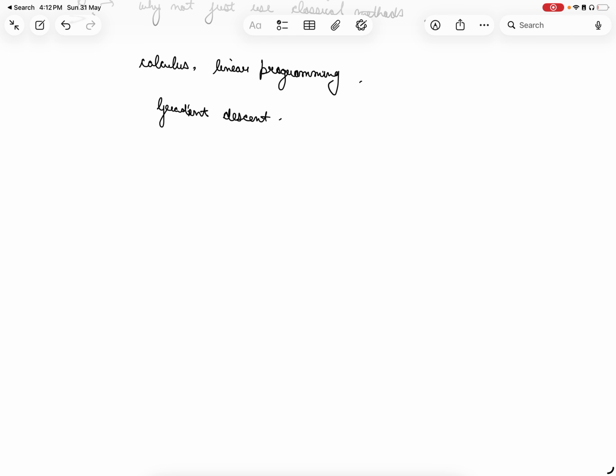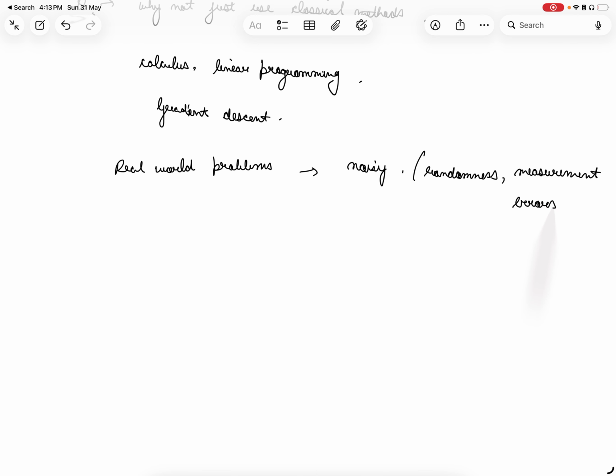Real world problems have certain characteristics. They are often noisy, with lots of randomness and measurement errors. They can be discontinuous, with no clean derivative.